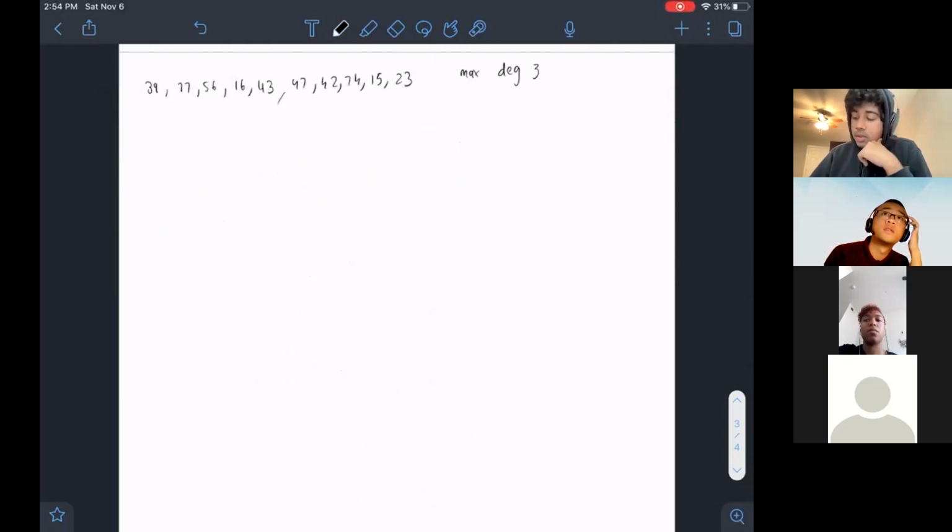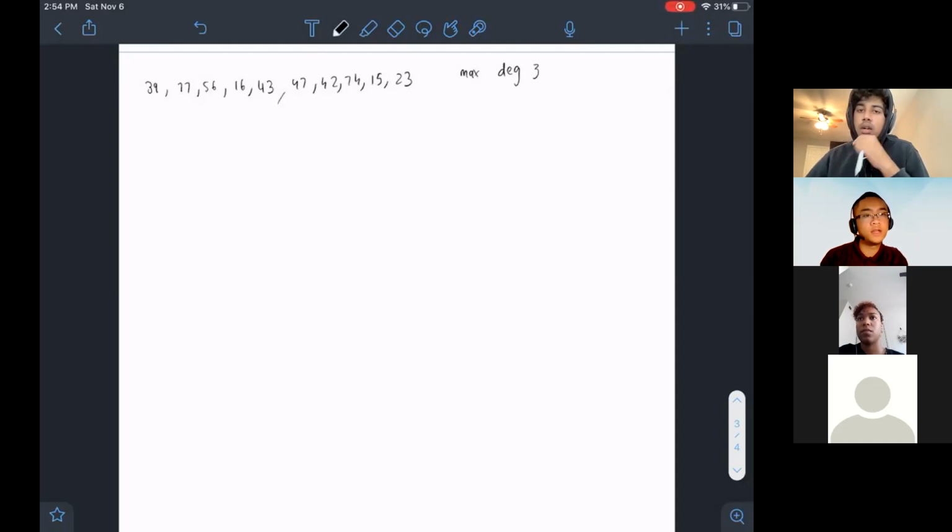Okay, so I'll write this out with numbers first and then I can draw it out after. Or if you need me to, I can write it out with numbers. That's fine. We can just talk it over as I'm trying it out. So we have 39 and 77 first. And then 56 is in the middle, so it becomes the parent, and 39 and 77 move to the left and right children.